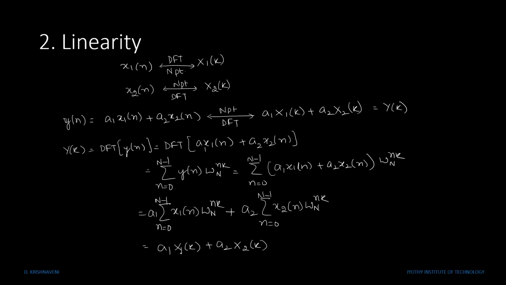So y of k we got as a1 x1 of k plus a2 x2 of k. This is the linearity property. What does the linearity property say? DFT of weighted superposition of inputs is equal to weighted superposition of individual DFTs.